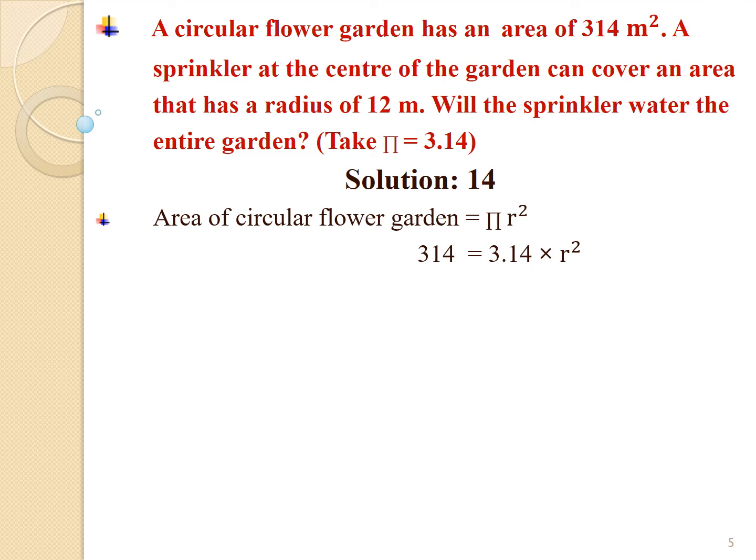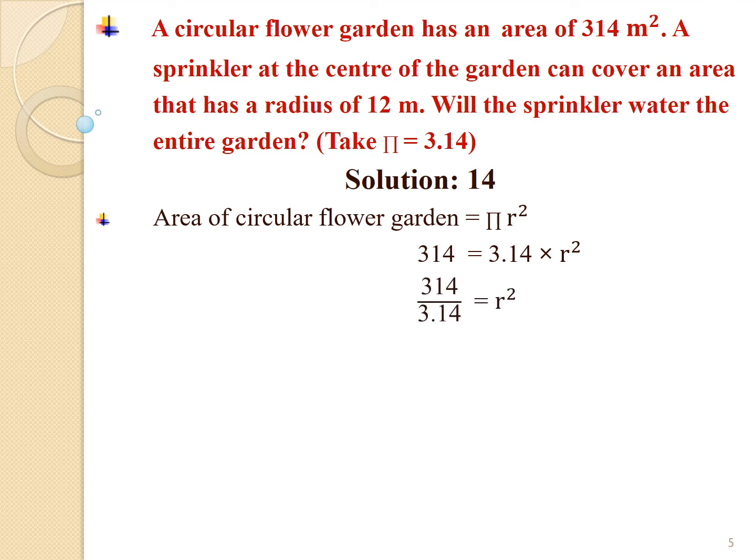Thus, transposing 3.14 from RHS to LHS by changing its sign from multiply to divide, we get 314 upon 3.14 equals r square.